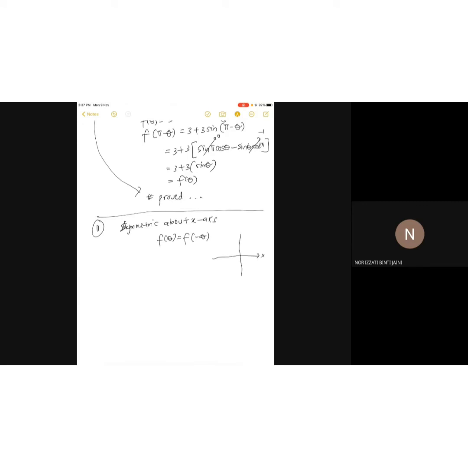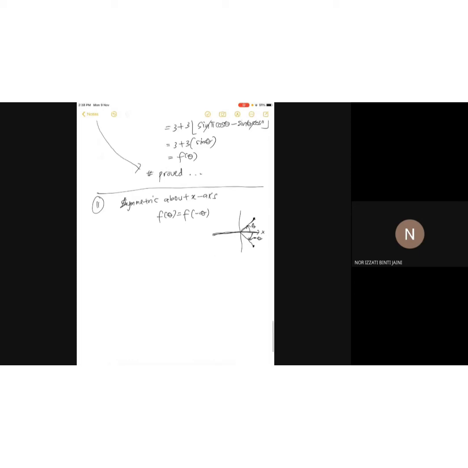Kenapa? Sebab yang ini x-axis awak kat sini kan. So kalau awak ada satu kat sini katalah point, symmetric dia mestilah ke bawah kan. So this is theta, so this must be negative theta. So f theta mestilah sama dengan f negative theta for a curve of a point to be symmetric about x-axis. Okay.